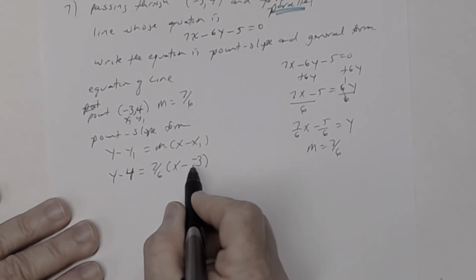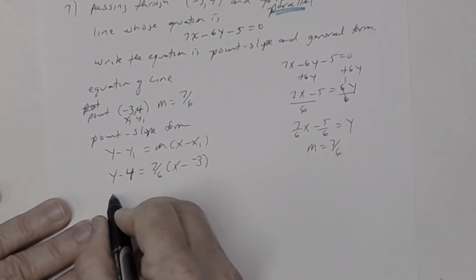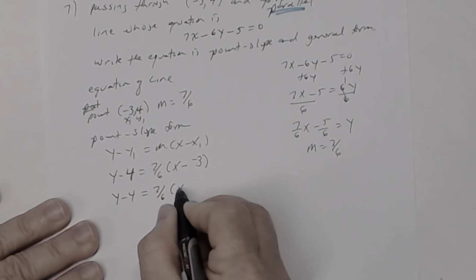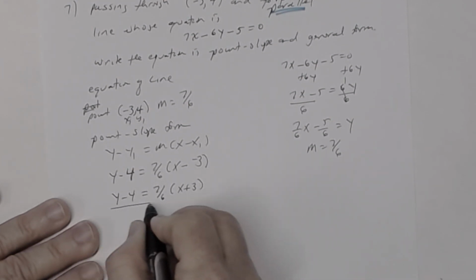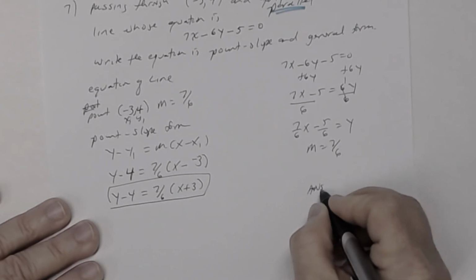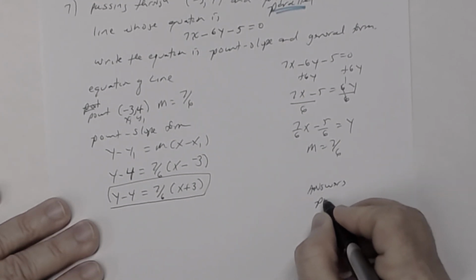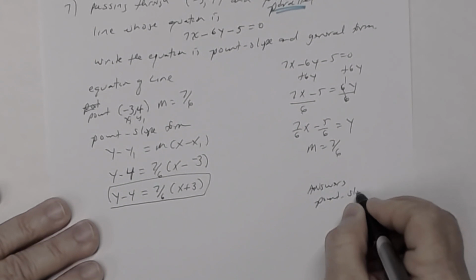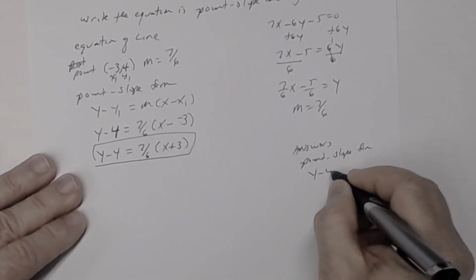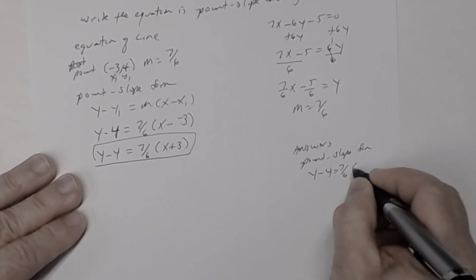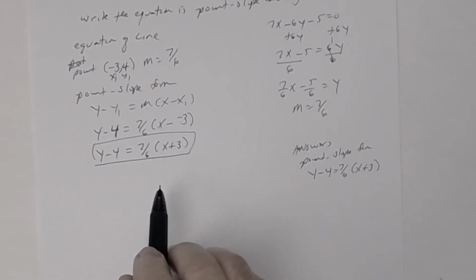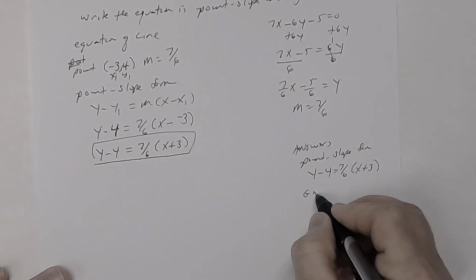So x subtract -3 means x plus 3, and that's how you're going to write it. So y minus 4 equals 7/6 times x plus 3. All right, so there's your equation of the line in point slope form. Okay, now you want to write this in general form.